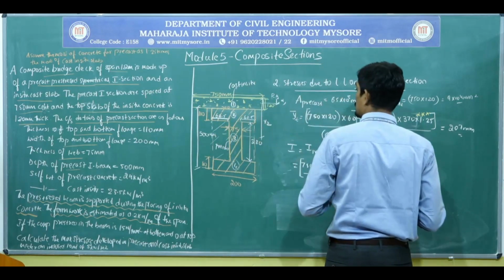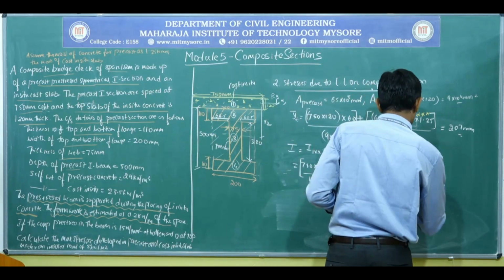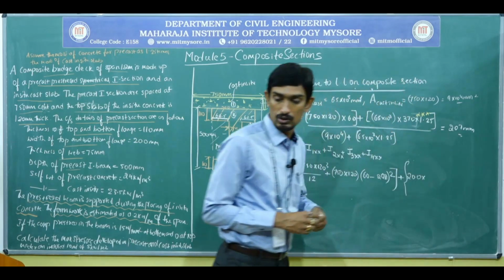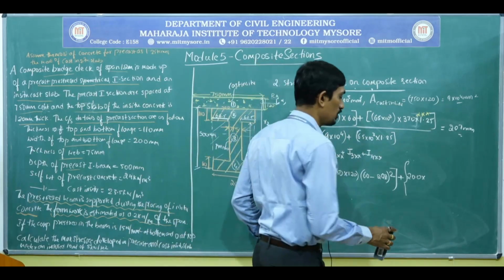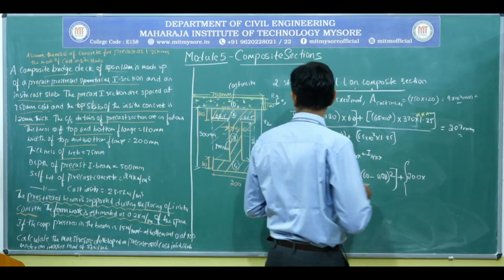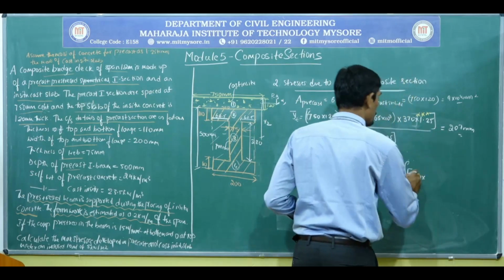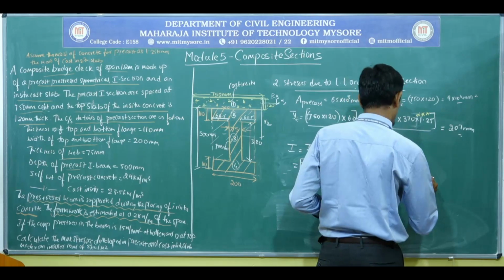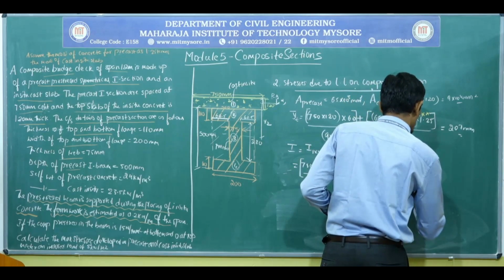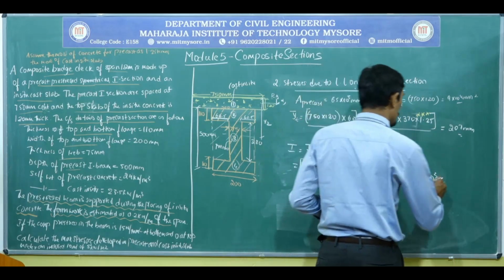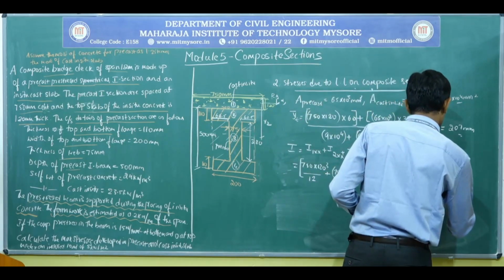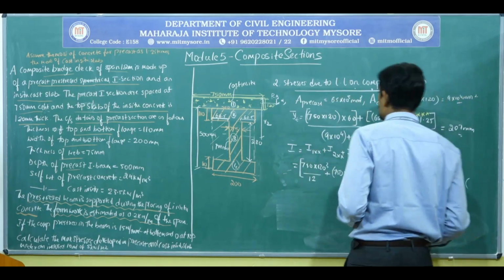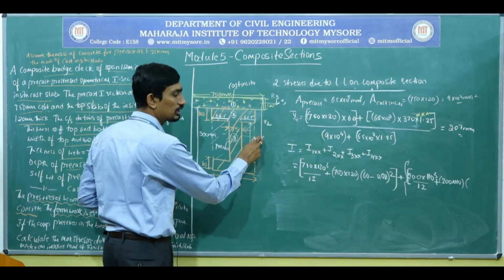Like that, I will go to the second section, which is this one. So that is 200 into, put a flower bracket here. I will tell you why I need to put a flower bracket. So 200 into, and open the small bracket, 200 into 110 cube by 12 plus 200 into 110 multiply by Y2. Y2 is how much? That is not this Y2.